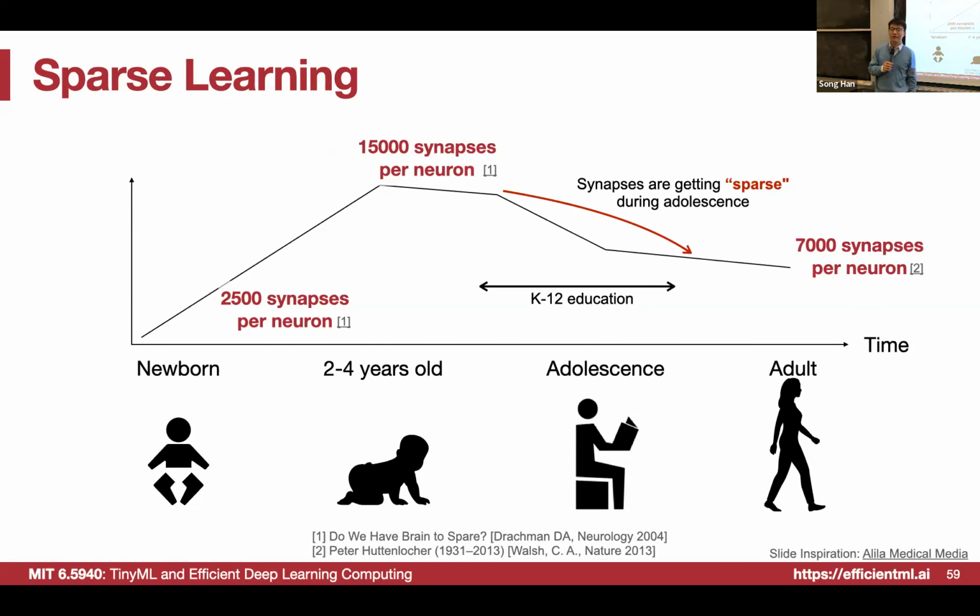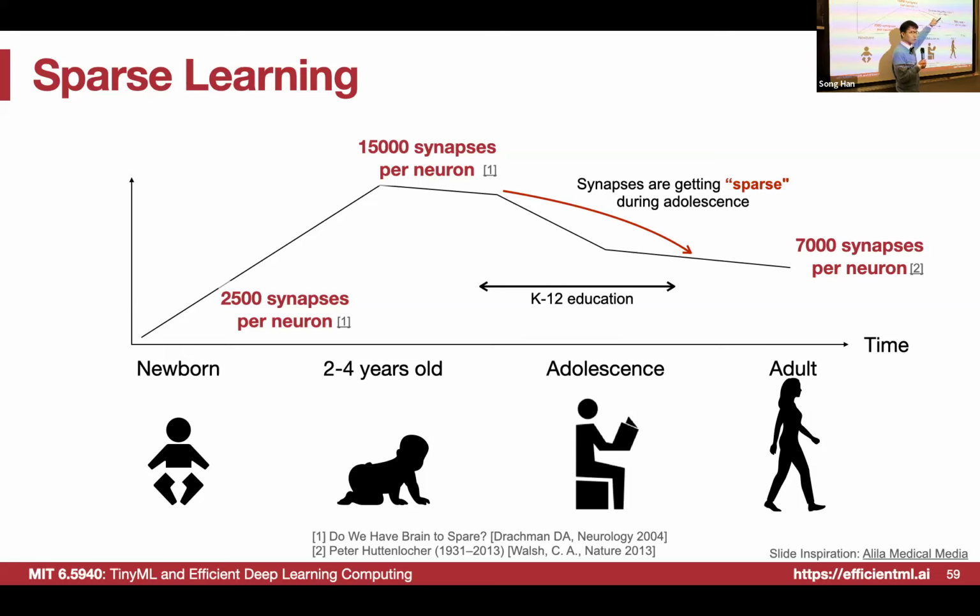Actually, such sparse learning exists in the human brain, which is a very interesting study. A newborn child has about 2,500 synapses per neuron, and then this number surges to 15,000 synapses per neuron when the child grows to 2 to 4 years old. During adolescence, when K-12 education happens, the number of synapses gets sparser.